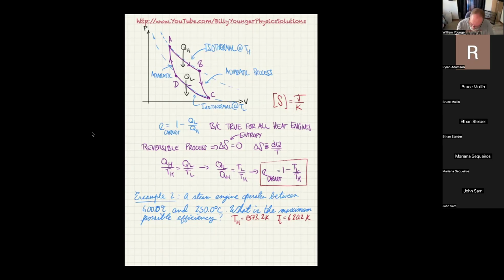Okay, so those are the two temperatures. What we want to do is figure out the Carnot efficiency, because the Carnot efficiency is the most efficient engine possible between any two temperatures. Now, of course, you could also find other ones, but Carnot is what we're working with. So I'll use the Carnot efficiency, which equals 1 minus TL over TH, which equals 1 minus 620, or 623.